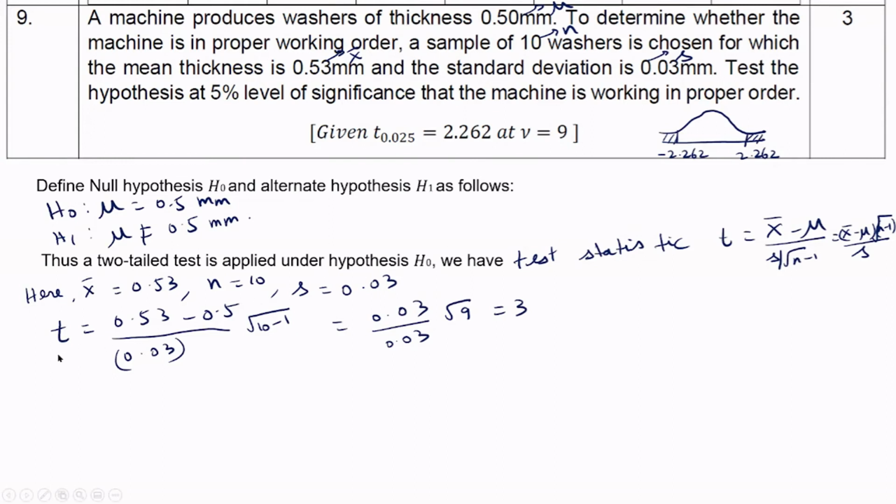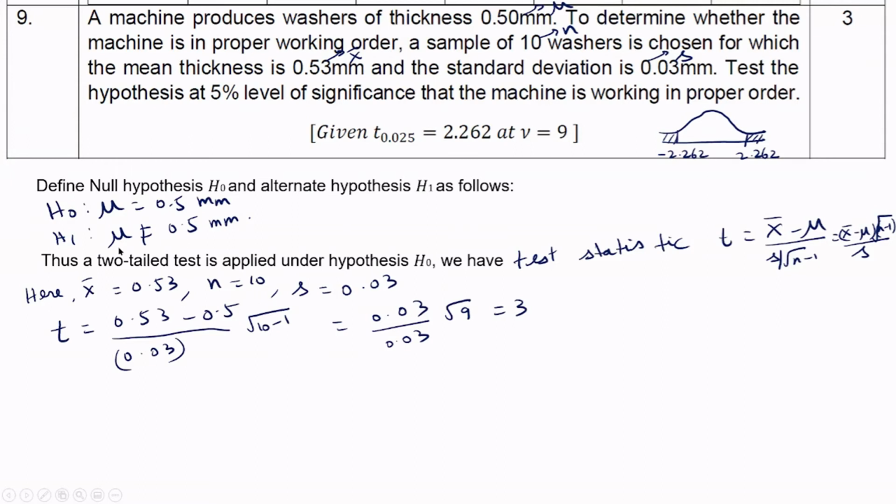If our calculated value of t lies in this interval, then we can accept H0. Otherwise, we have to reject H0. So here we got the calculated value of t as 3 and this 3 does not lie in this interval. It lies in the region of rejection. As a result, we have to reject H0.